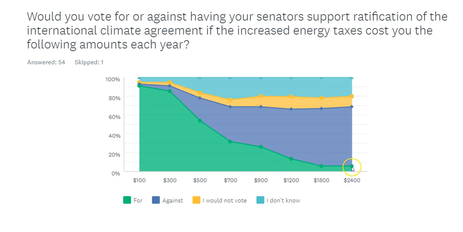I think that's about 5% at a cost of $2,400. So the green shaded area would be my estimate of the class's willingness to pay for that climate change policy.